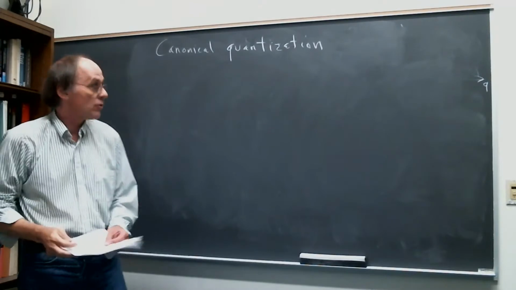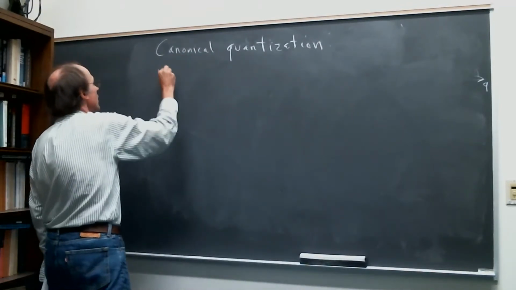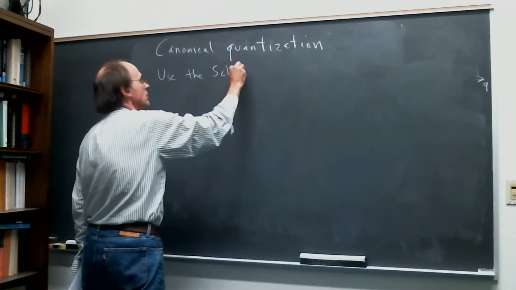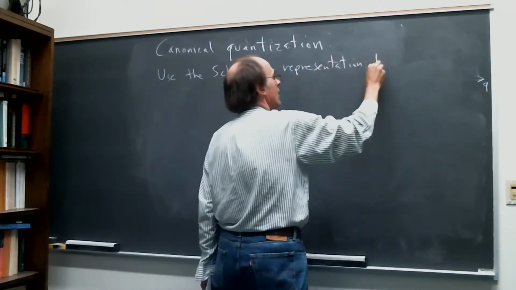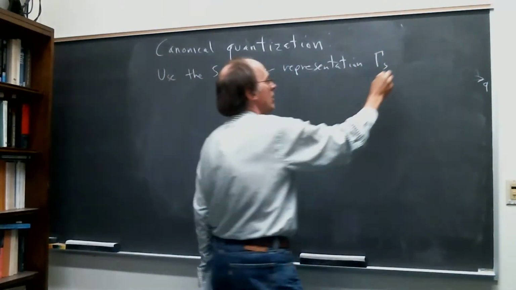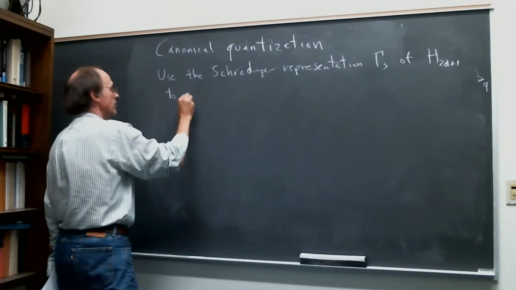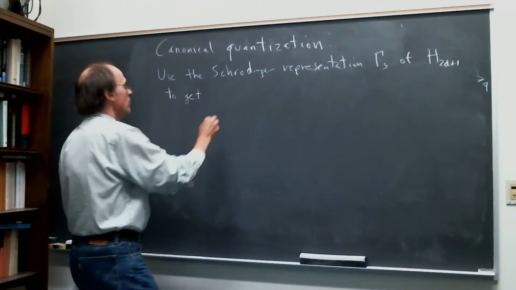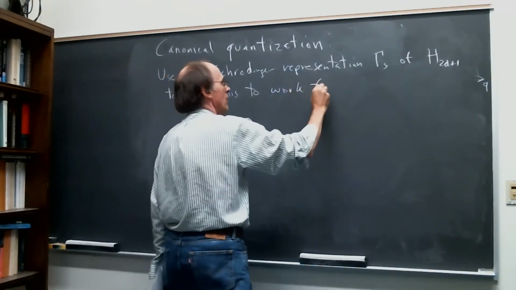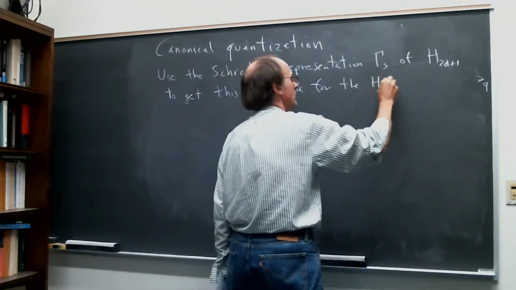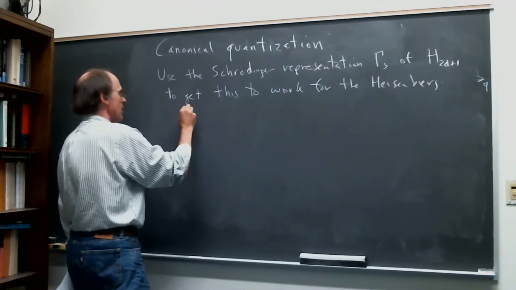In canonical quantization, you say that what we're going to do is just use the Schrodinger representation of the Heisenberg group to get this to work for the Heisenberg subalgebra.